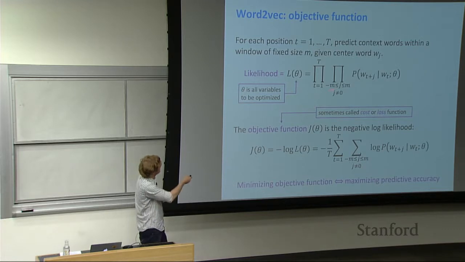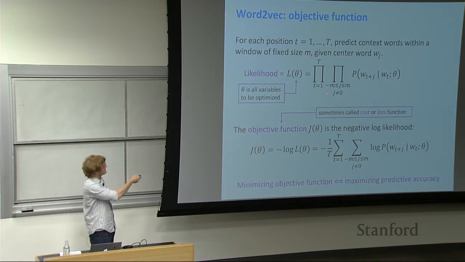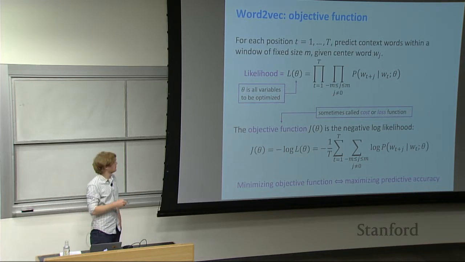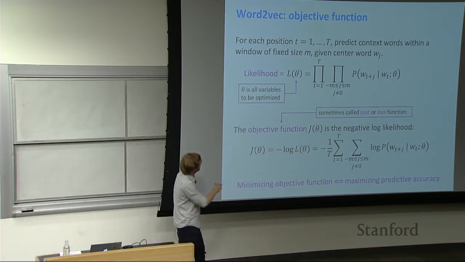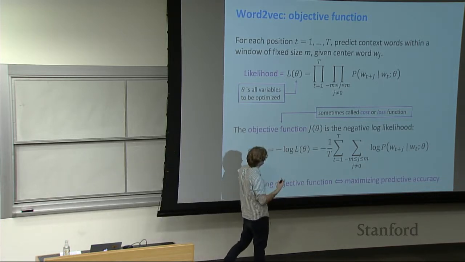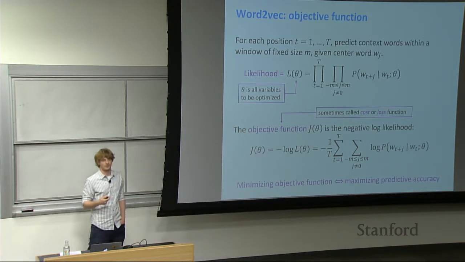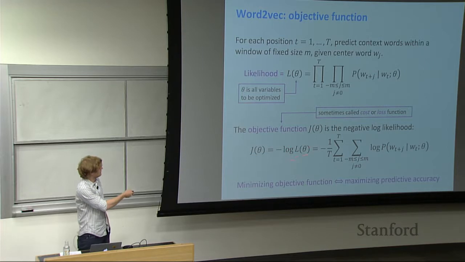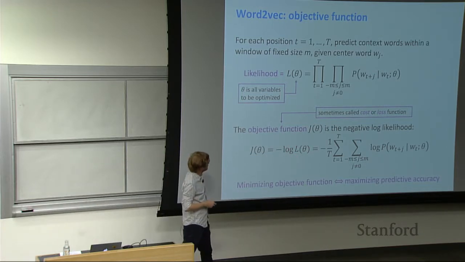OK, now this is the likelihood, but in many cases, we want to minimize a function. And this also has a lot of products. So we basically will take the log of this likelihood, and the negative log, in fact, and then we have the negative log likelihood of this function. The log is a monotonous function, so it doesn't change the minimum.